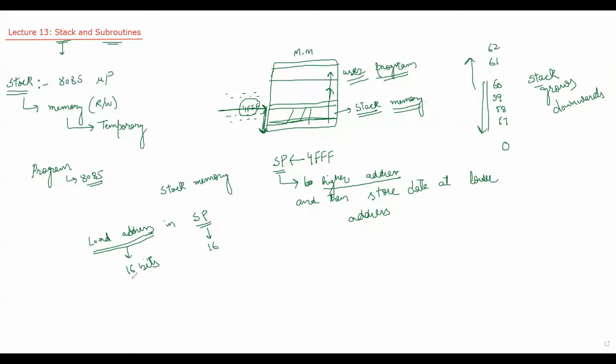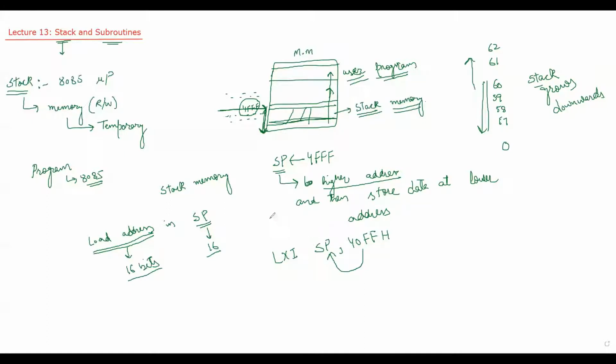So we have to load 16 bits into this 16-bit register. For loading 16 bits, we have the instruction LXI, which we have already discussed. So we will write LXI SP, and then the address. Let's suppose the address is 40FF, in hexadecimal, so it is 16 bits. I am loading this in the stack pointer. So I have initialized the stack pointer.